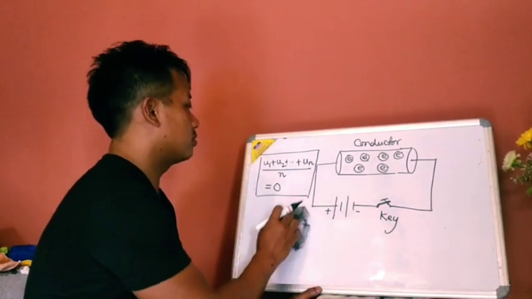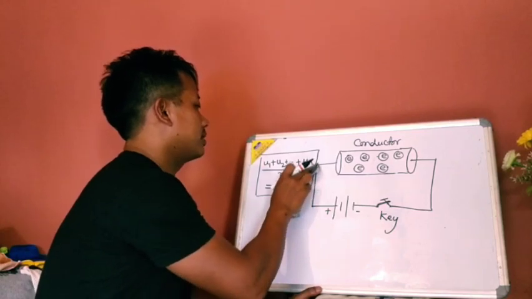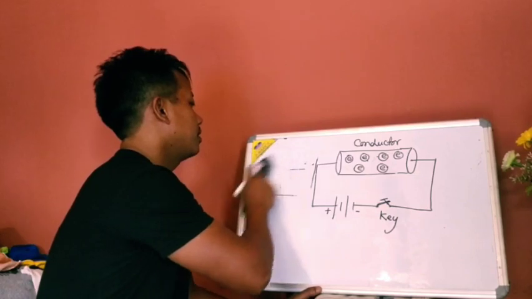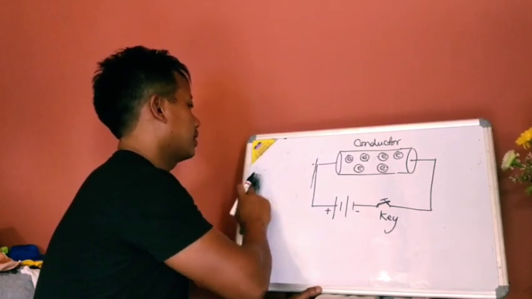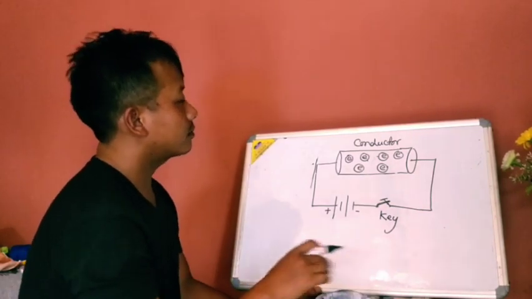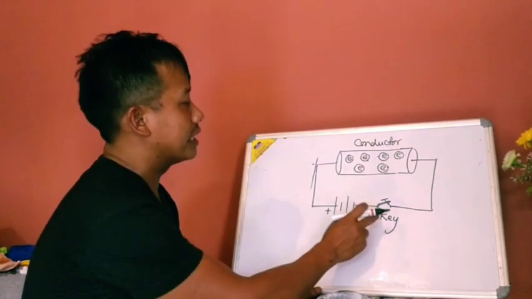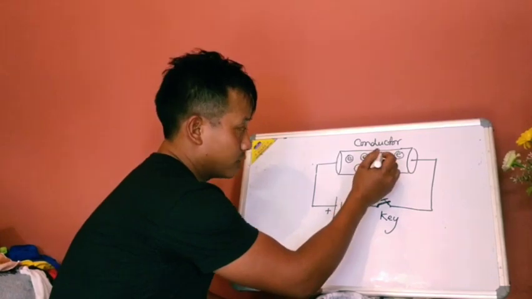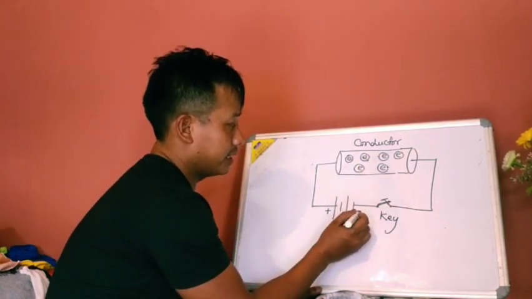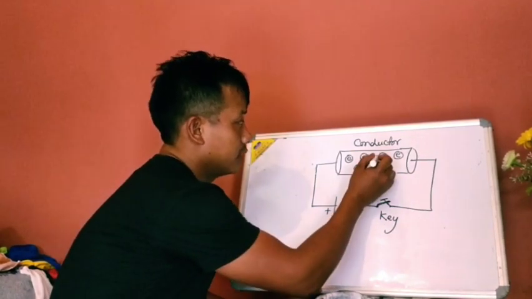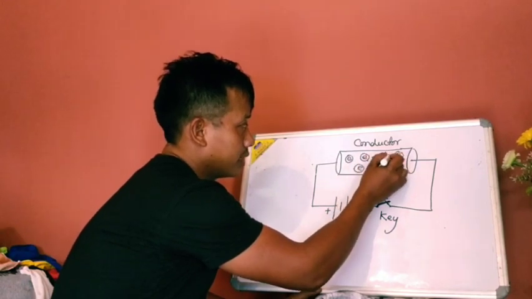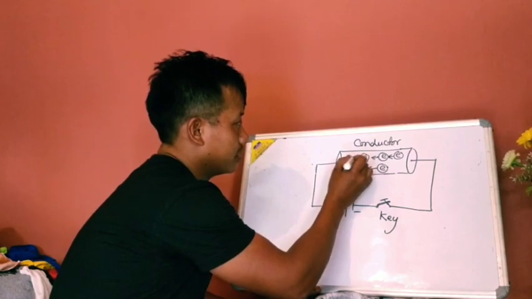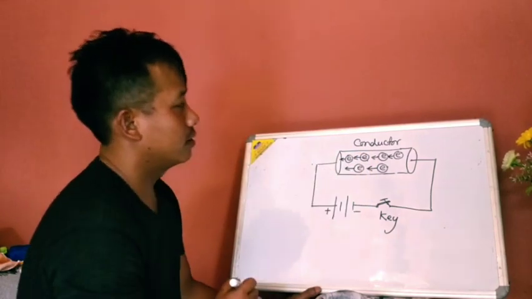Initially, before the electric field is applied, the average velocity is 0. However, when the electric field is applied and the key is closed, current flows, and the electrons are repelled from the negative terminal, as like charges repel, toward the opposite terminal.